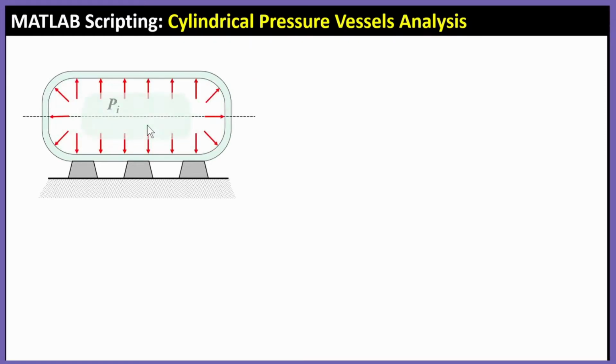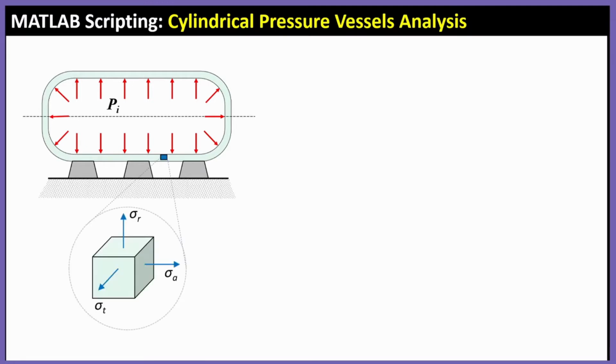If we look inside the cylinder, this is the kind of thing you will see. The red lines here indicate the pressure, and obviously P_i is the internal pressure. We can pick out a section within this pressure vessel. If you pick out a point like this, this infinitesimal stress element would consist of three stresses.